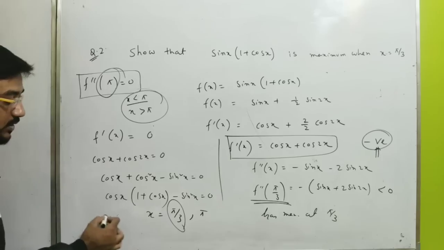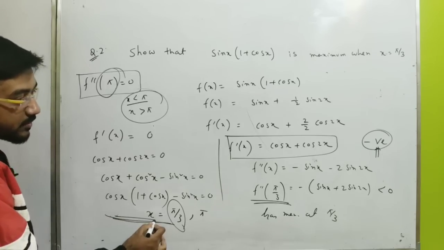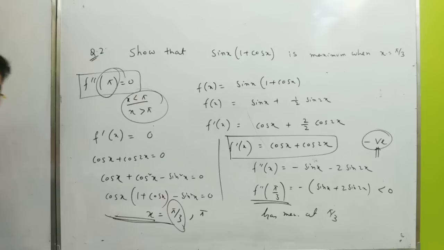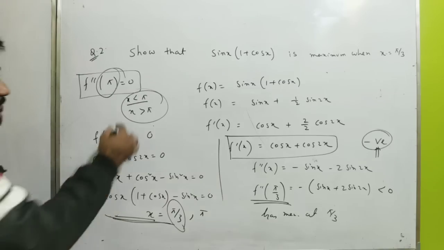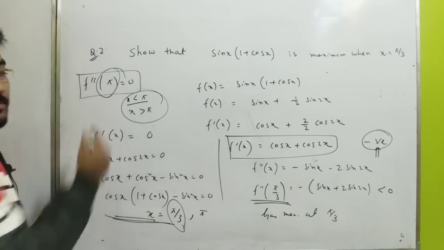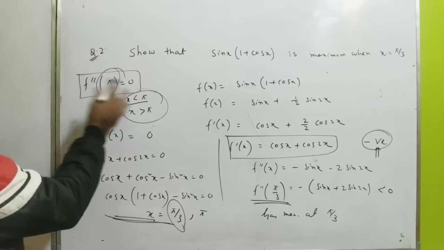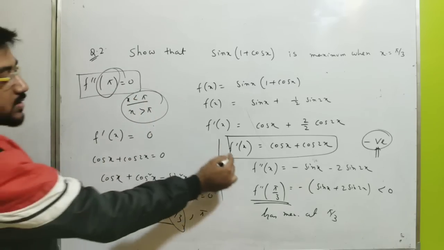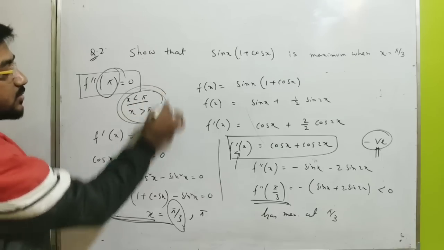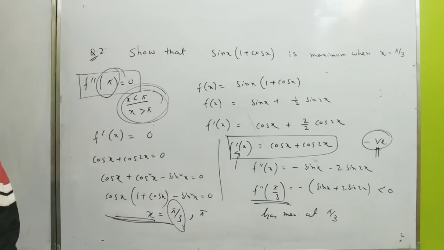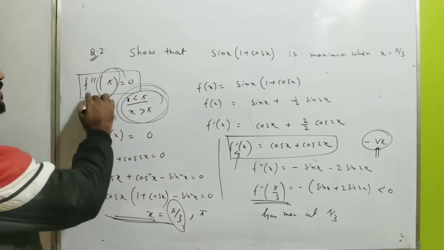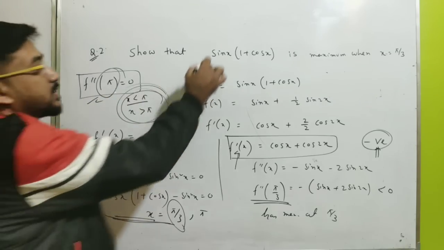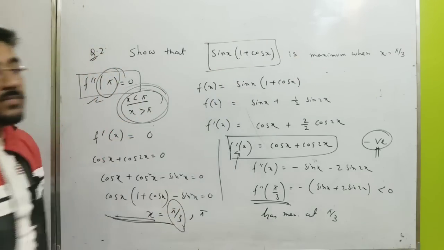You can check the theory for when f double prime x is equal to 0. Here f double prime pi is equal to 0, and you put x less than pi and x greater than pi in this expression, and you will get negative both times. That means the function f of x has neither maximum nor minimum at x equal to pi.